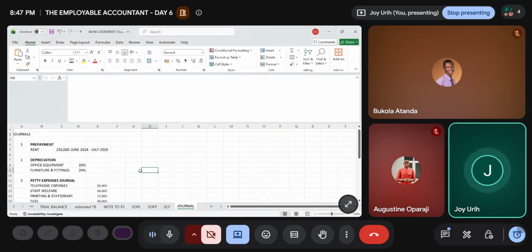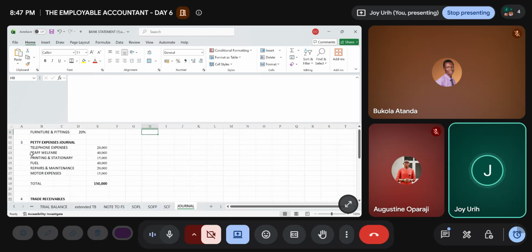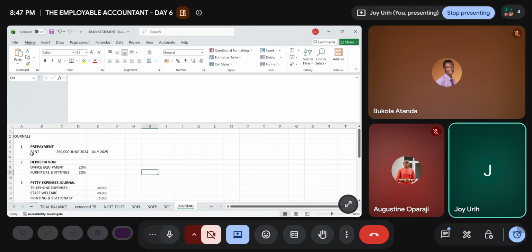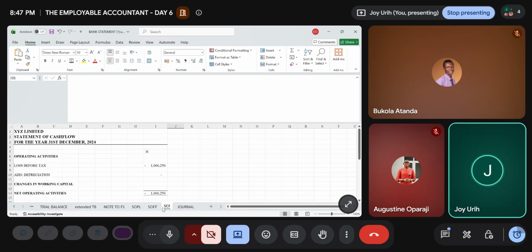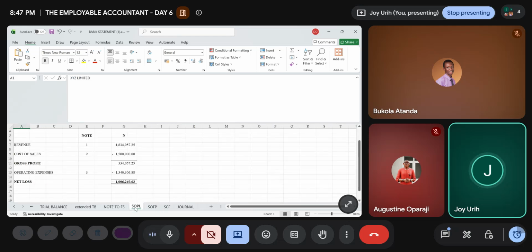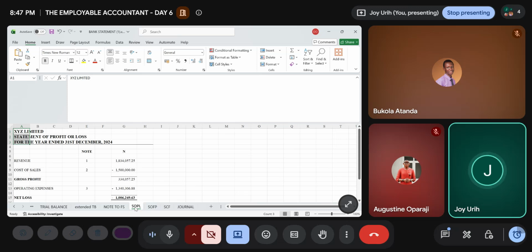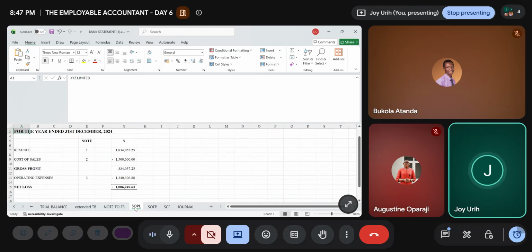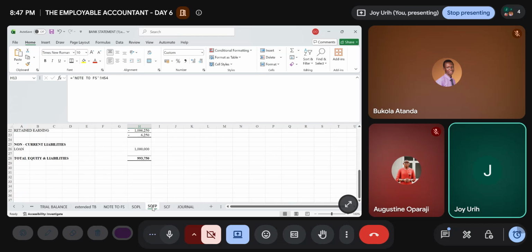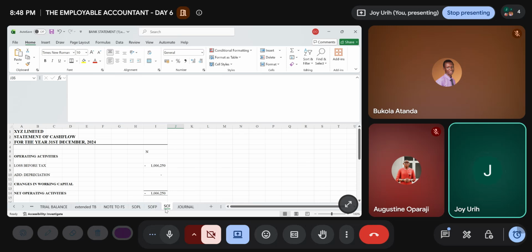So now we have some assumption here. We assume that there's a prepayment that we need to put in our account. So this is the financial statement that we made the last class. We prepared the three major statements in the financial statement: the statement of profit or loss, the statement of financial position, and the statement of cash flow.